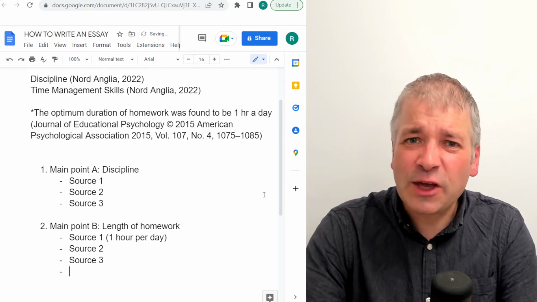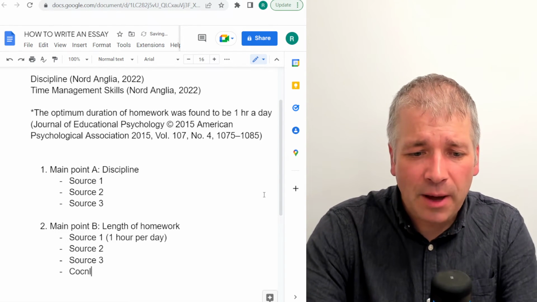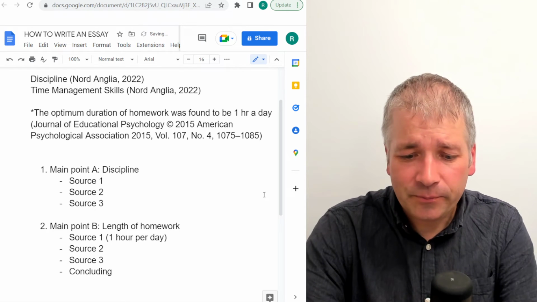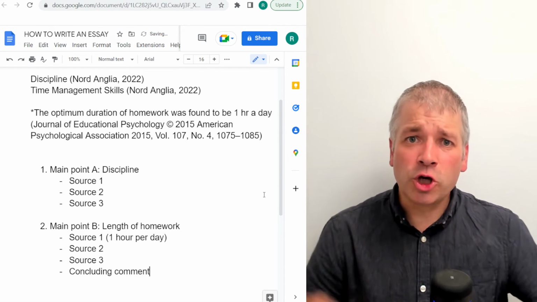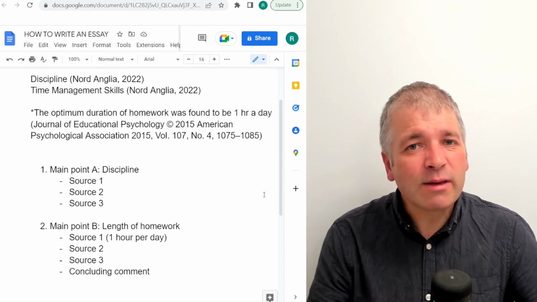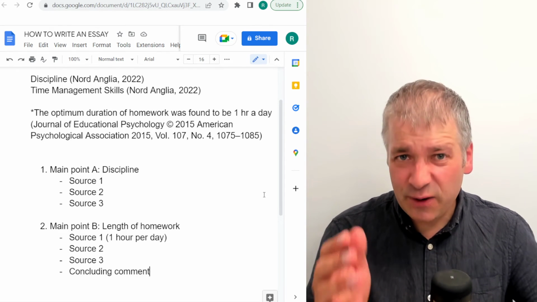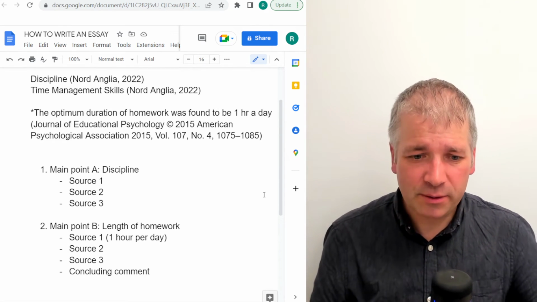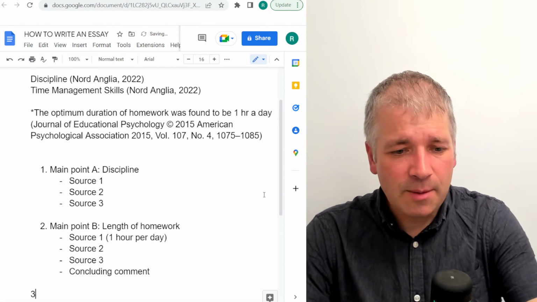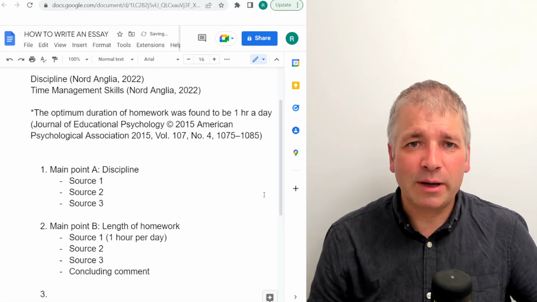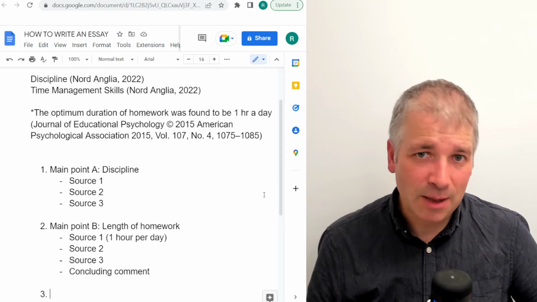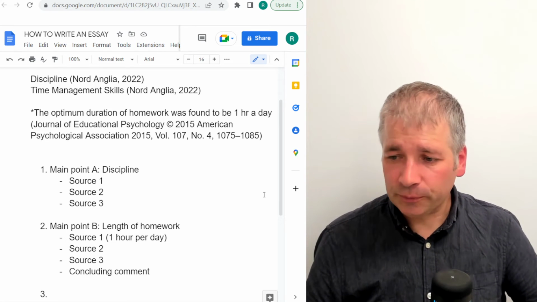And if they don't all say the same thing, then perhaps a concluding comment that sums up what you think these sources say about that main point. You don't always have to have a conclusion to a paragraph if it's obvious what the paragraph's about, but sometimes it's useful just to make it absolutely clear what you mean here. And then do the same until you've got through all of your main points. And of course, the word limit will be a restriction on how many main points you can include.